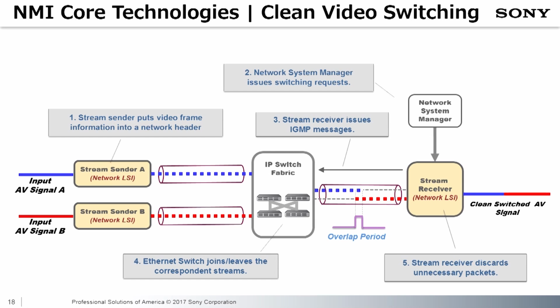You now also have the ability to turn that feature off if you're feeding an auxiliary room or if you're feeding a remote destination where you don't need a clean switched video signal. Effectively, what the user will see on that signal will be a frame freeze until the new signal becomes available and starts transmitting to the destination. Again, this occurs at a millisecond level, but to the trained eye, it will be noticeable.